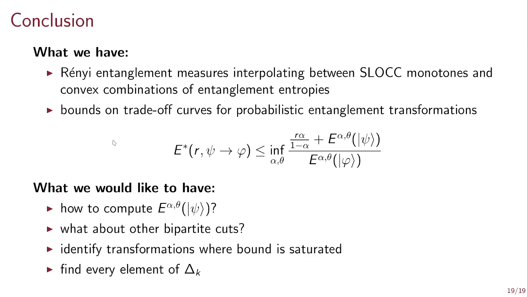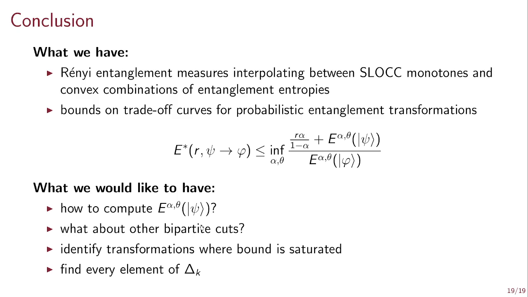So what's still missing is that I don't really know how to compute these quantities other than this formula that might not be too easy to evaluate. And this could mean numerical difficulties and also analytical difficulties. And another question is what happens if other bipartite cuts are considered.